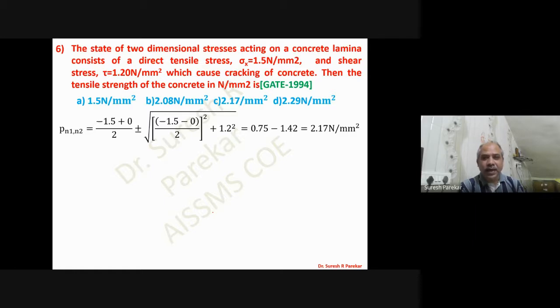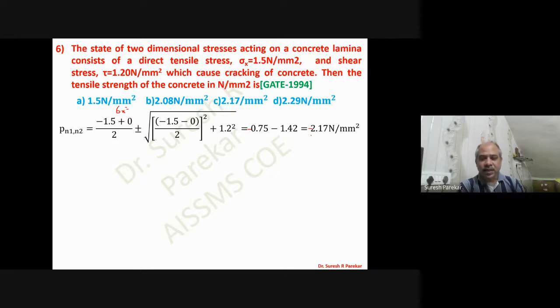Sigma x is given tensile, so minus 1.5, and from this we get minus 2.17.